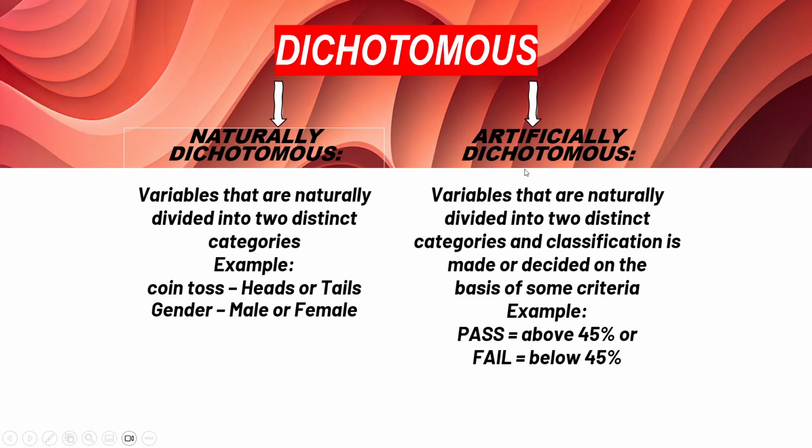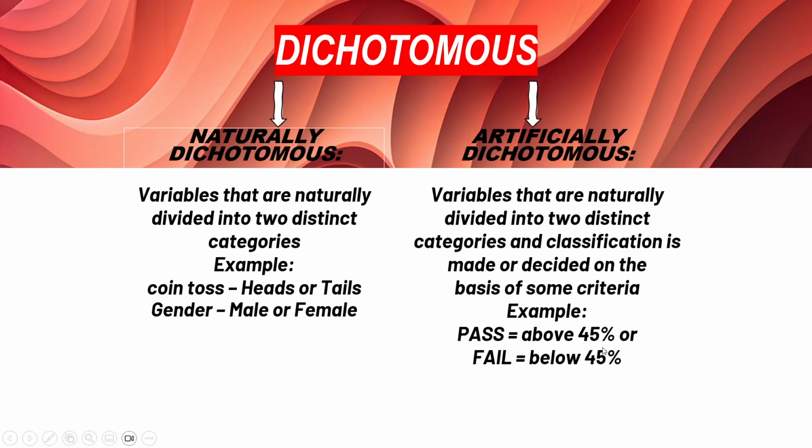The other category is artificially dichotomous, where the classification is made on the basis of some criteria. For example, we have decided that students scoring above 45% marks are declared pass, and the ones who score below 45% are declared fail.